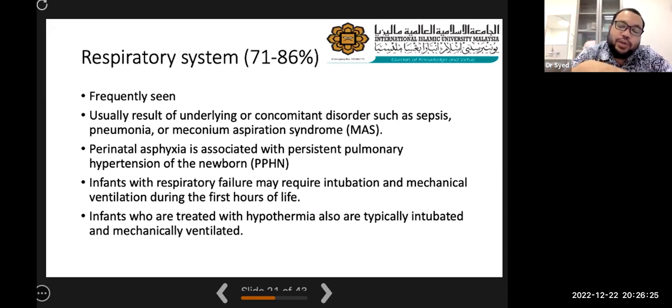So when you have a child with perinatal asphyxia, we should always watch out for PPHN. So infants with respiratory failure may require intubation and mechanical ventilation. So mechanical ventilation pun ada banyak complication dia kan. So infants who are treated with hypothermia, cooling therapy, typically they are intubated and mechanically ventilated. Sebab kita coolkan dia, everything will be slow and so on and so forth.